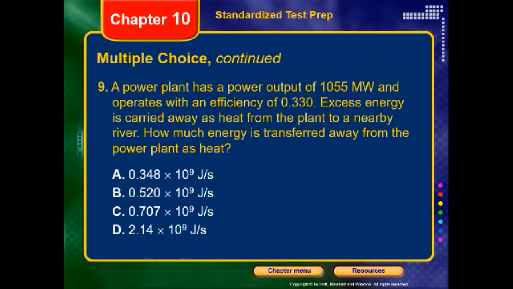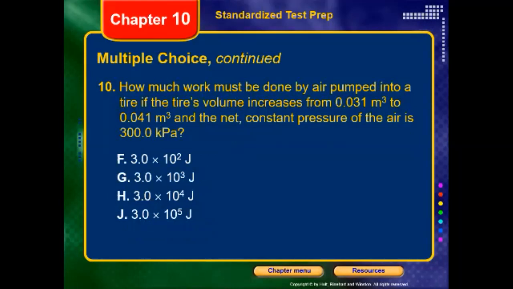Excess energy is carried away as heat from the plant to a nearby river. How much energy is transferred away from the power plant as heat? The choice we have will be the last choice. Of course, you should check it mathematically and see the answer.